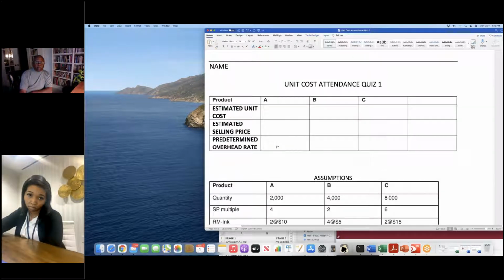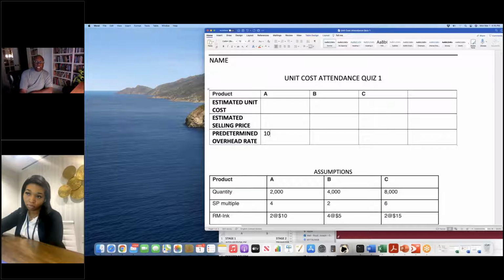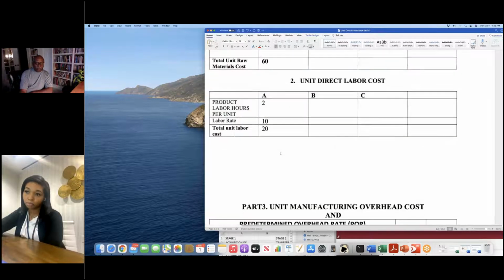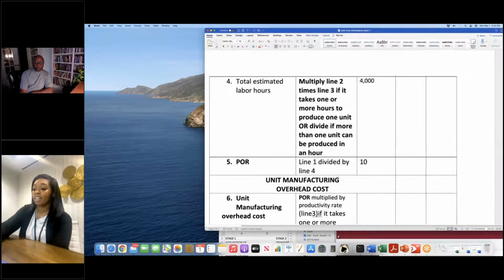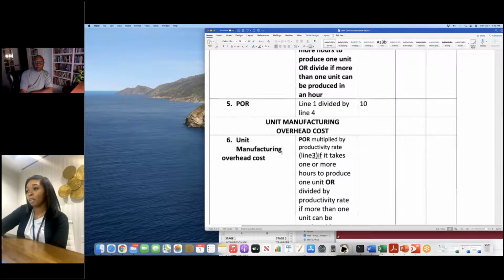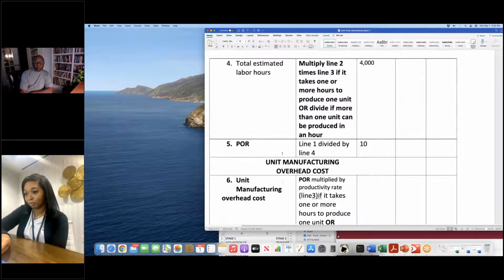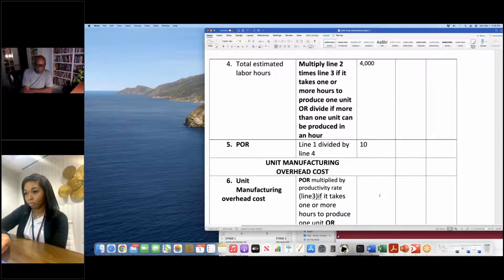Then what are we going to do? We need the unit manufacturing cost. What's that going to be for overhead? 20.